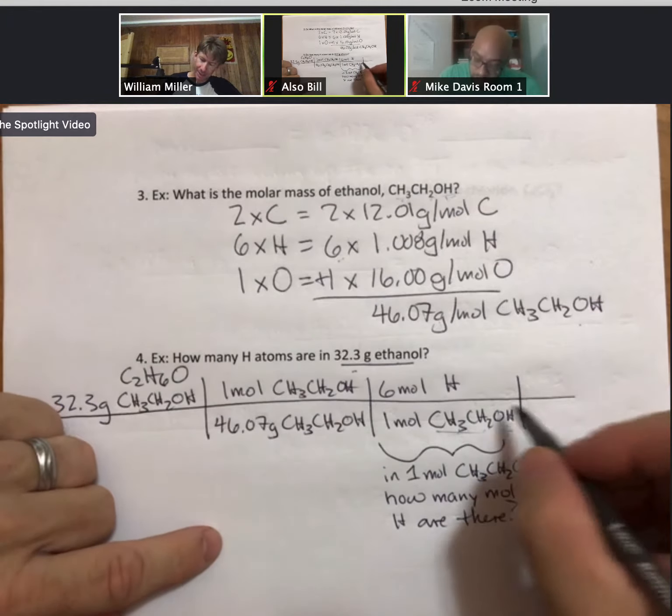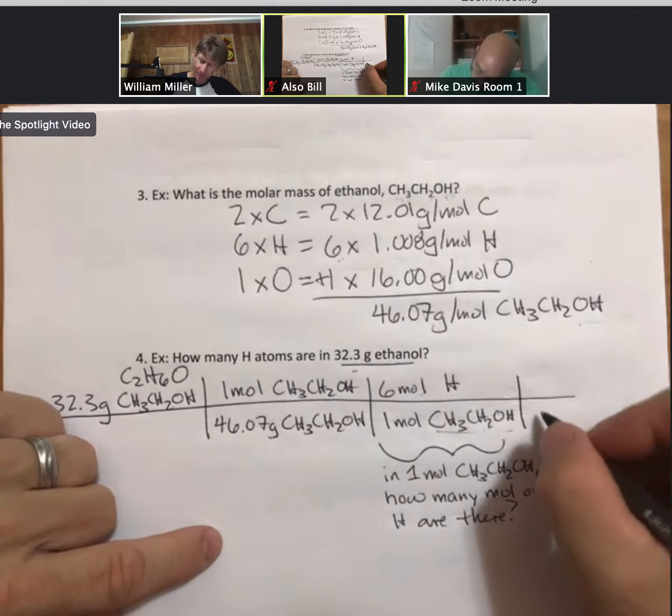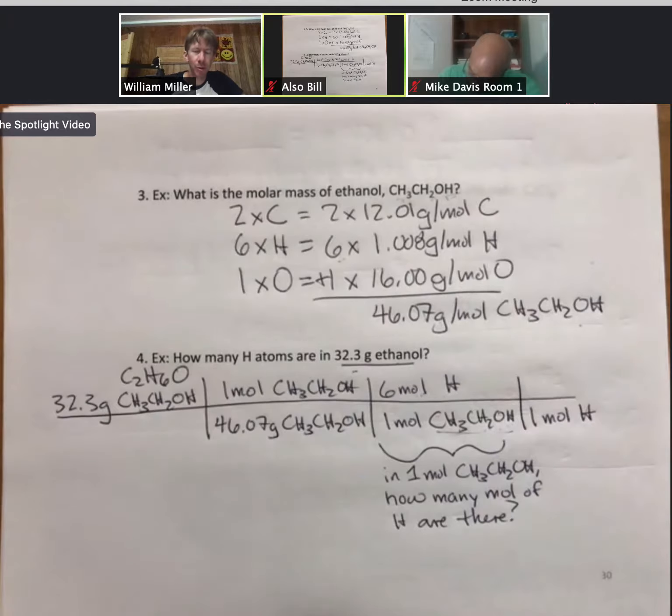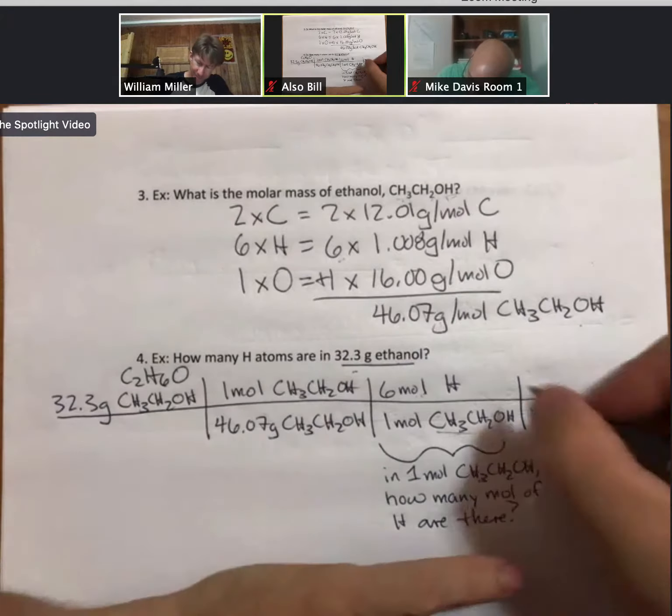And now that I have moles of hydrogen, in 1 mole of anything, there are 6.022 times 10 to the 23rd of that thing.